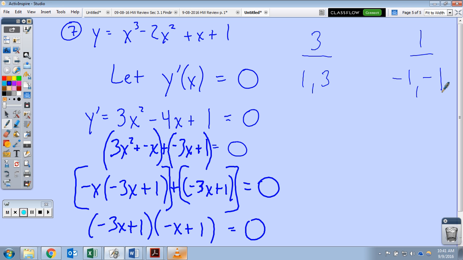Which ones make -1? Being -1 and 3x minus 1. So this is the 3 here, this is the 1 here, and it's 3x, 1x. And where do I stick these? Well, it doesn't matter because they're both -1.